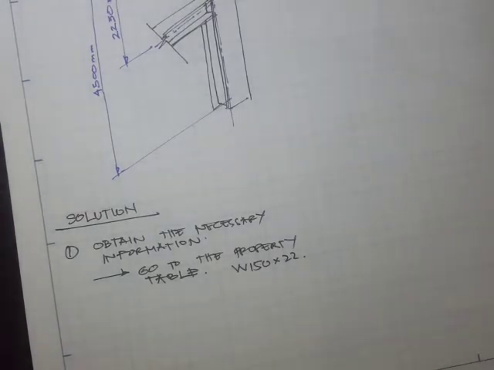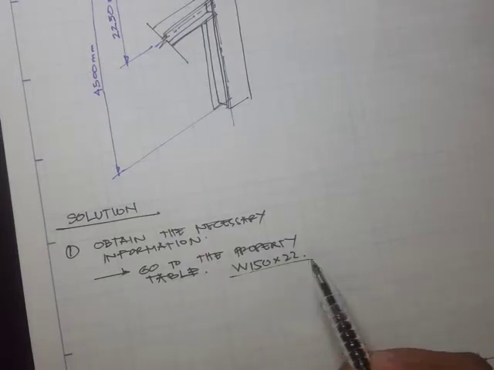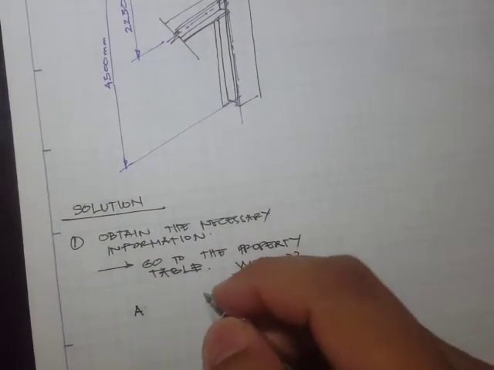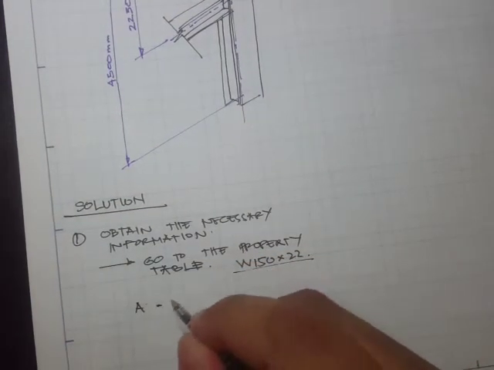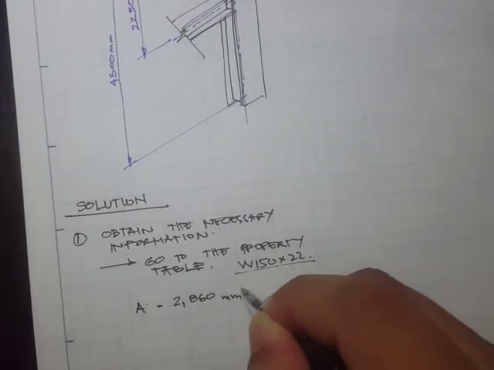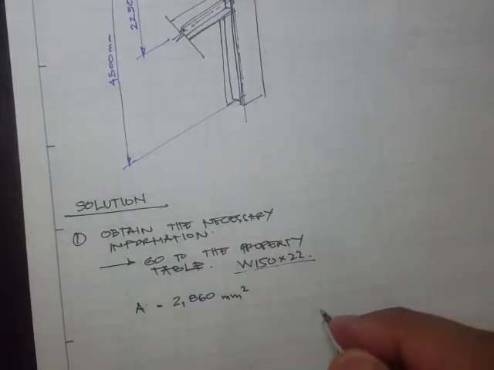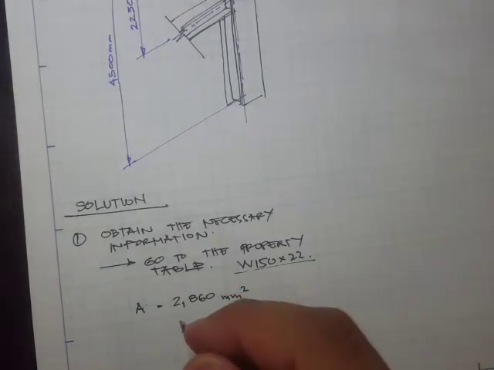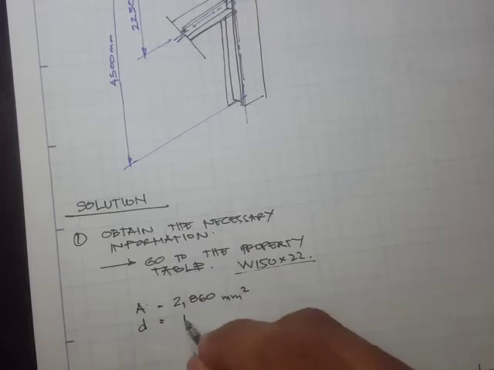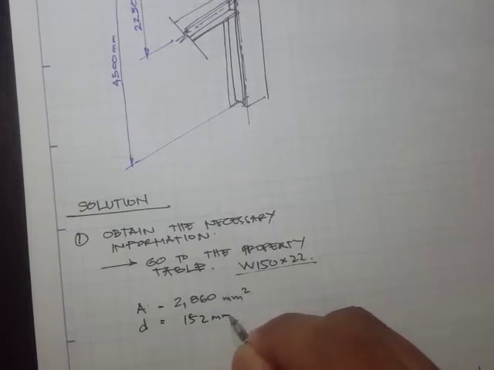If you have your property table, you'll find that the cross-sectional area is 2,860 millimeters squared, and our depth would be 152 millimeters.